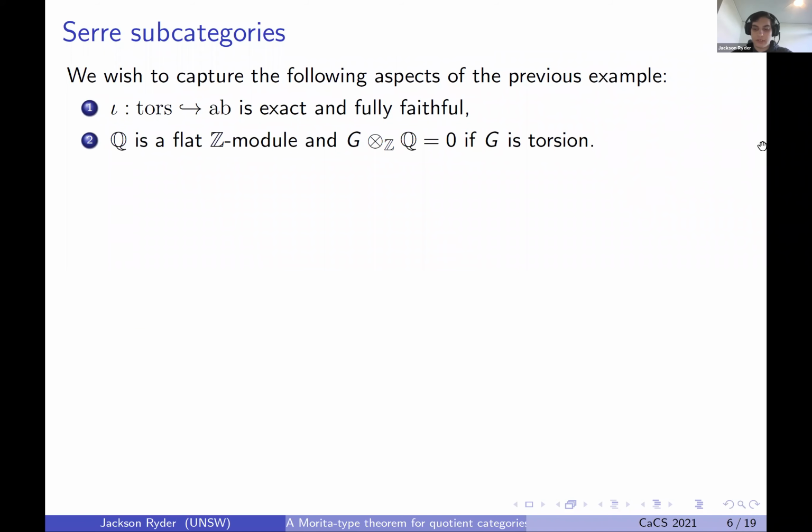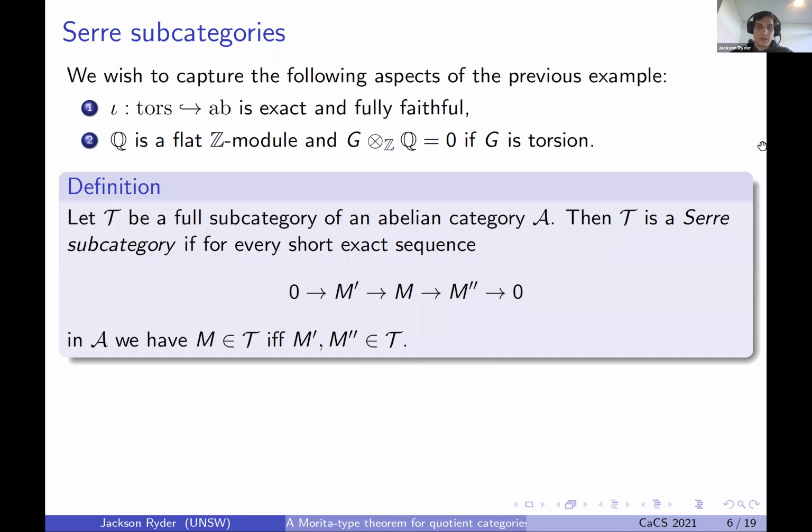Okay, so let's have a look at this first condition. We're going to define the subcategories that we want to quotient out by, our analog of the torsion abelian groups from that example. We say that a full subcategory T of A is thick if for every short exact sequence in A, the middle object is in T if and only if the two outer ones are as well.